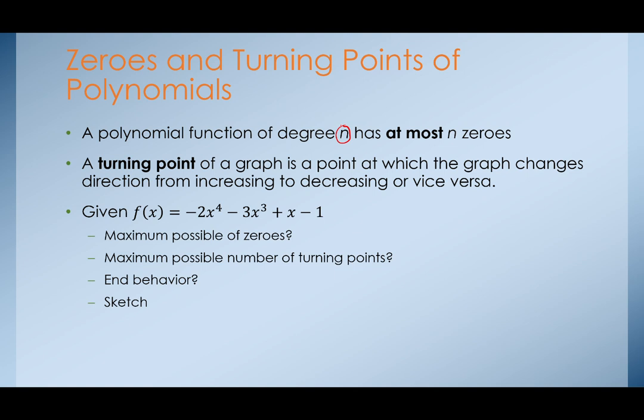A turning point in the graph is a point where the graph changes direction from increasing to decreasing. For instance, if we had this, we would have 3 zeros: 1, 2, 3. This is a cubic, and we have 2 turning points. One here where we go from increasing to decreasing, and one here where we go from decreasing to increasing.